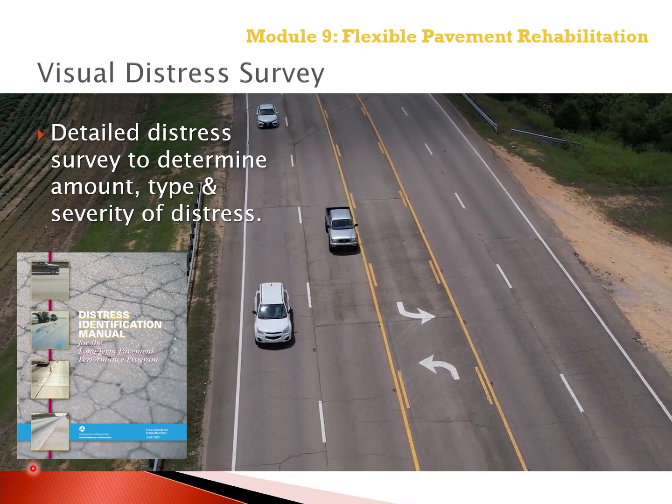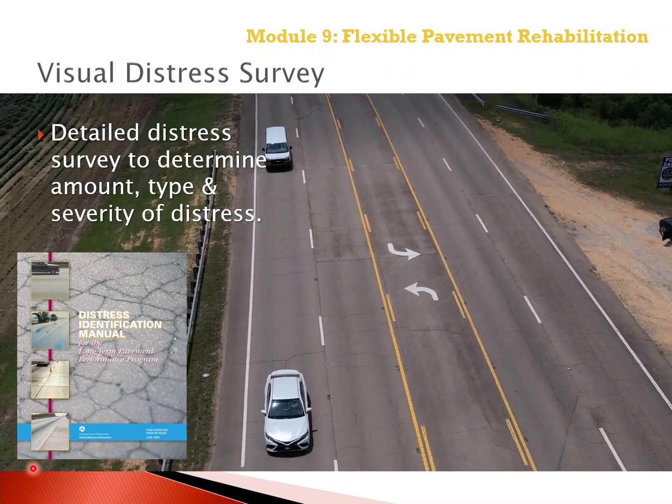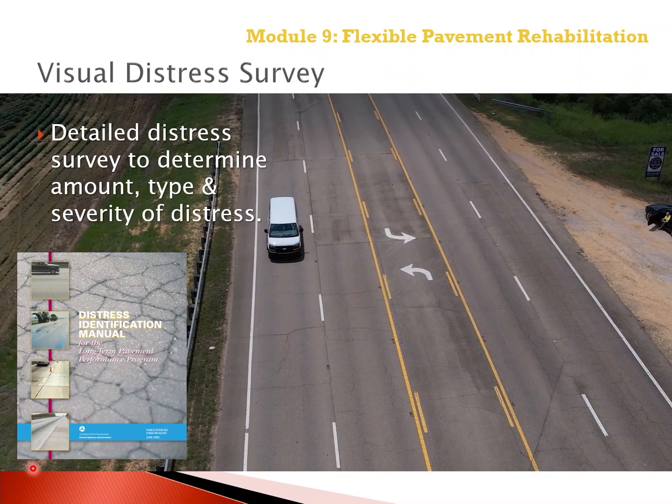Visual distress surveys are an important step for flexible pavement rehabilitation. The purpose of the distress survey, as we just noted, is to quantify the type, amount, and severity of the surface distress observed along a project. The Distress Identification Manual is a document that can be used as a systematic procedure for identifying and quantifying the distress magnitude and severity levels.